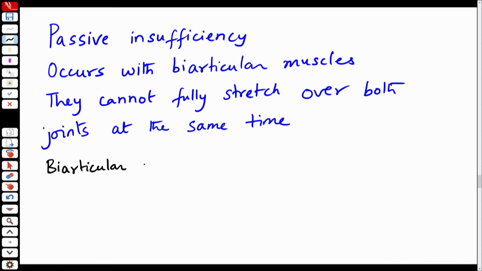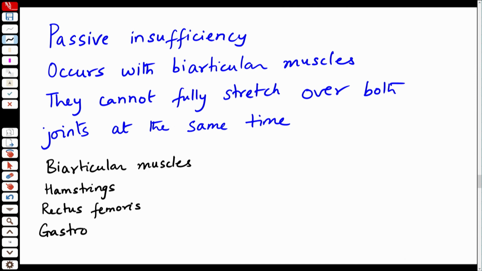Some examples of biarticular muscles, and you can try some of these, experiencing the passive and the active insufficiency: you have the hamstrings, the rectus femoris which belongs to the quadriceps, and the gastrocnemius muscle, which is your calf muscle that crosses the ankle and the knee. The hamstrings and the rectus femoris cross the hip and the knee.